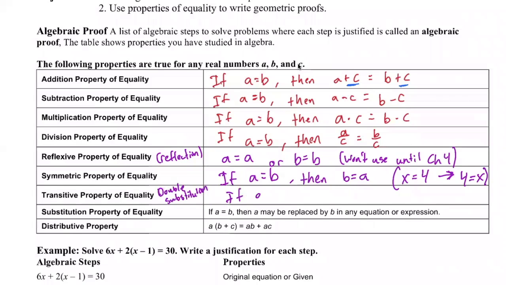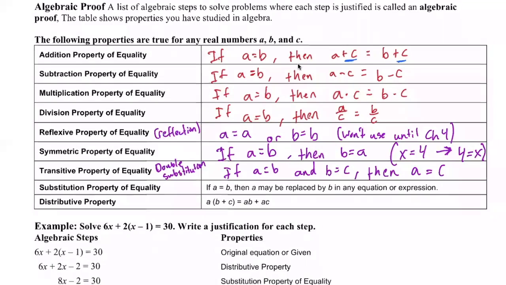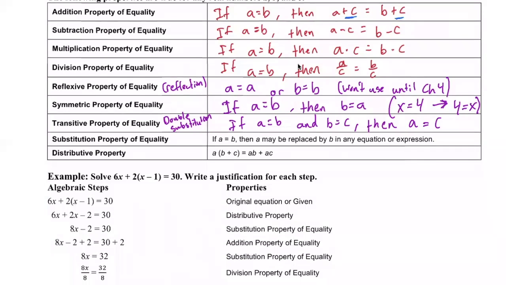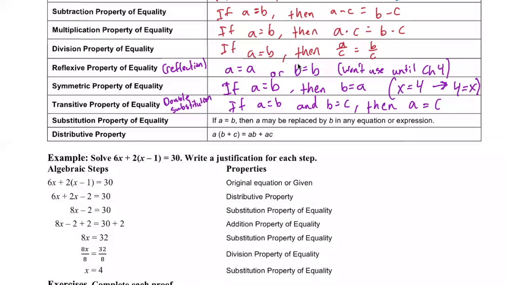So if A equals B and B equals C, then A equals C. And then substitution and distribution, and we had that down already.